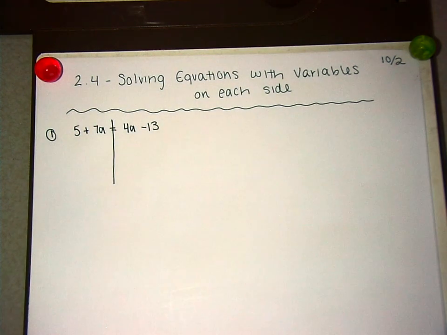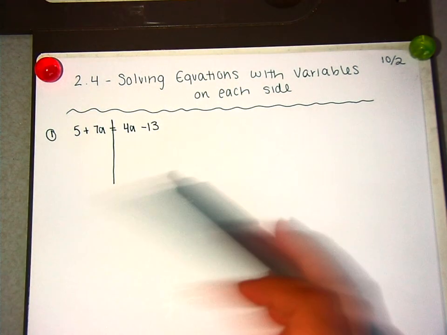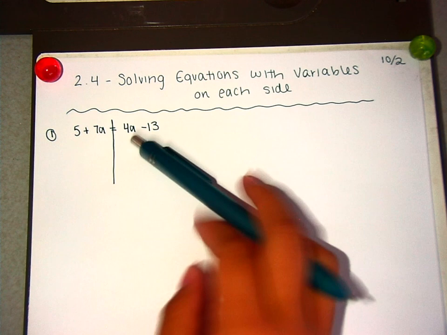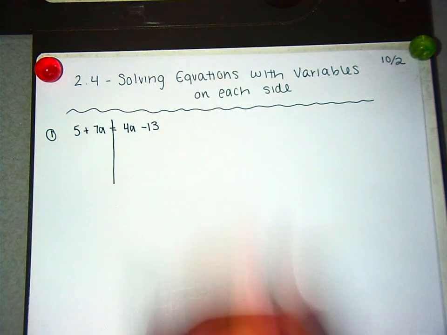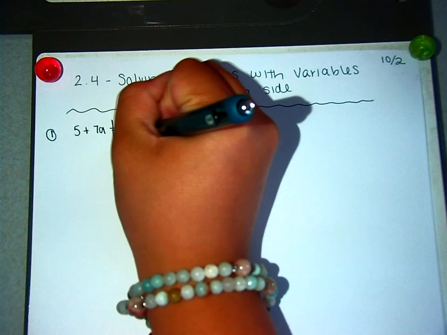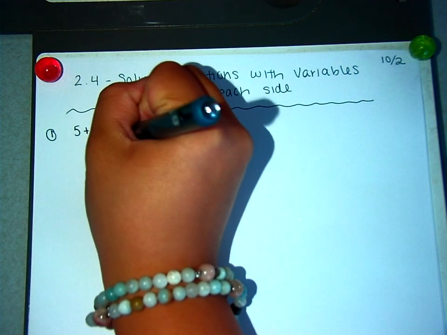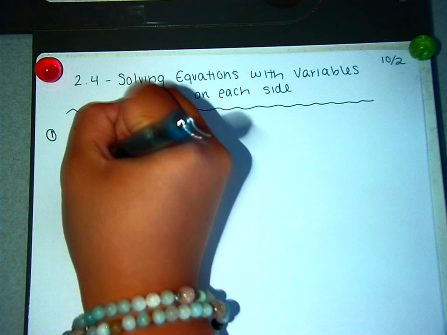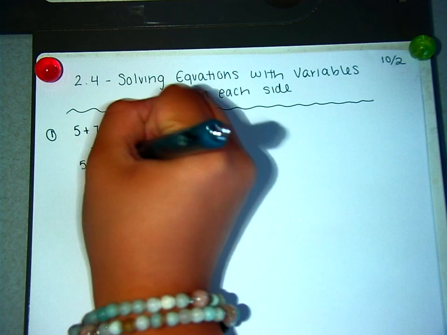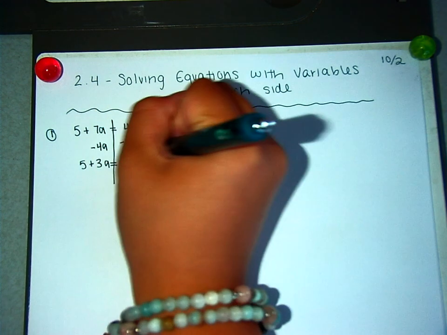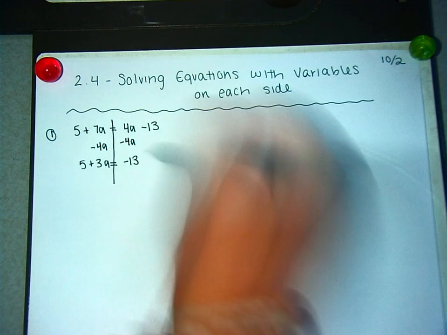Now we have variables on both the left and the right side of the line. So I'm going to move my 4a to the left, so I have to subtract 4a. So now I have 5 plus 3a equals negative 13.